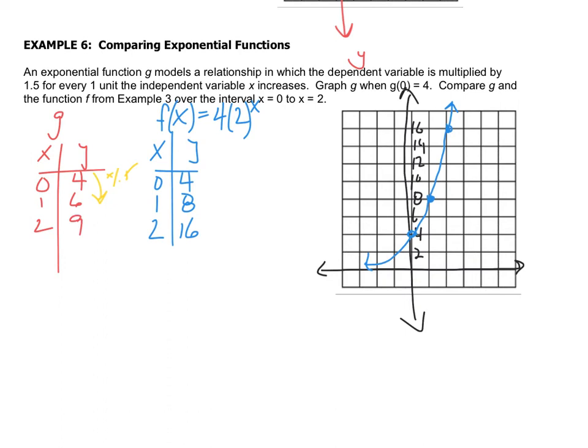Okay, so then this one starts out with the same y-intercept. But then at 1, it's only a 6. And at 2, it is only at 9. So it's definitely going to do the same kind of thing down here, but we can see that it is definitely not as steep of a rise.